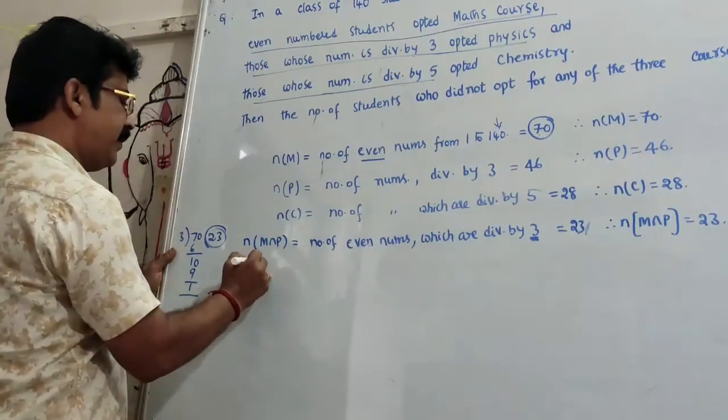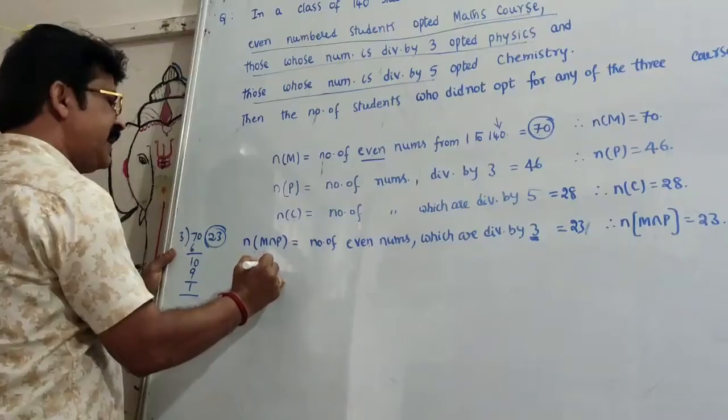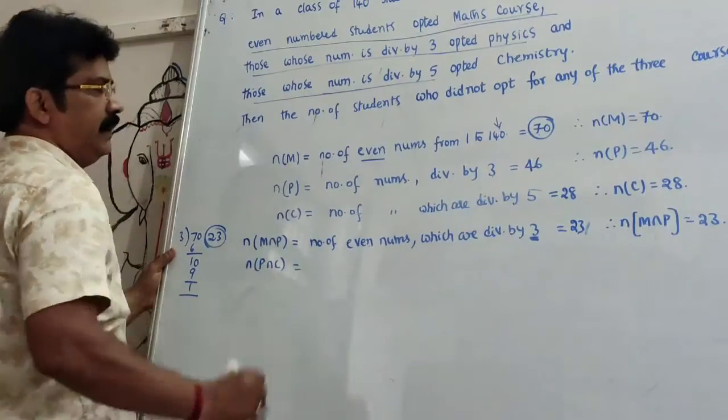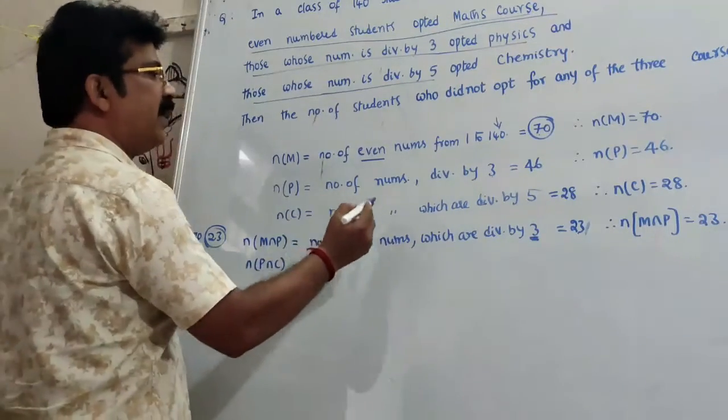Next, n of P intersection C. N of P intersection C means what?